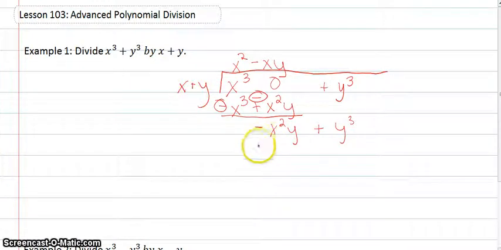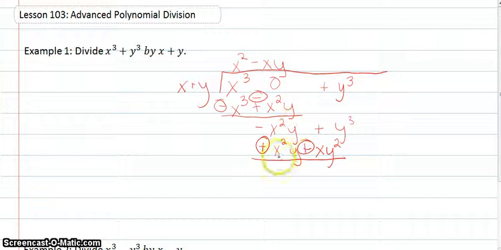So I'll have negative x squared y minus xy squared, and then I have to change the signs because we're subtracting. The first two cancel, and then I have xy squared, now I'll bring that down, plus y cubed.